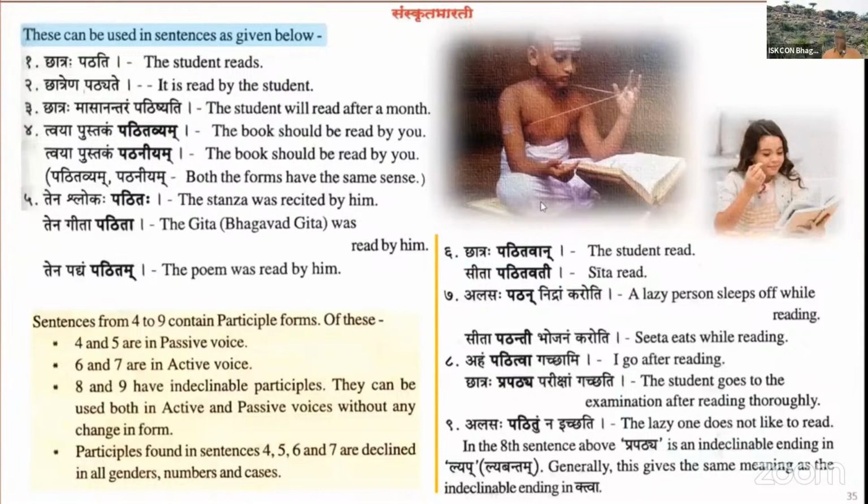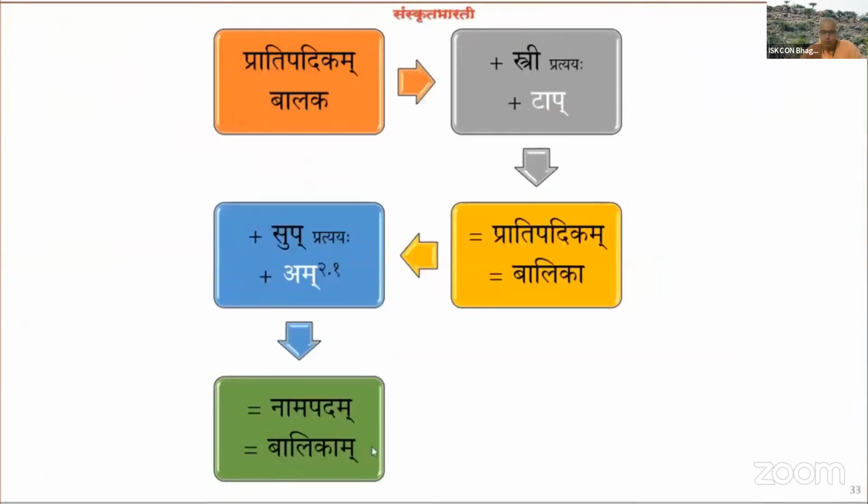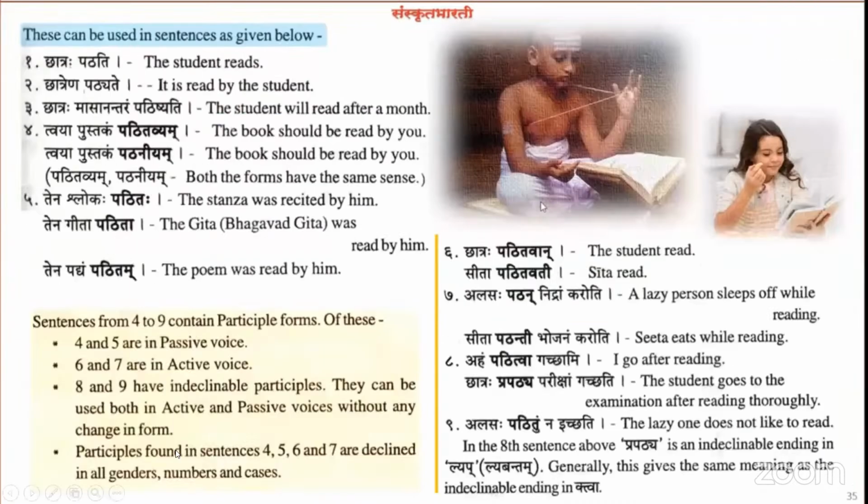Eight and 9 have indeclinable participles. They can be used both in active and passive voices without any change in form. Read this sentence. Aham patitva gacchami. This means, I go after reading. Read this rule, Prabhu. Participles 8 and 9 have indeclinable participles.